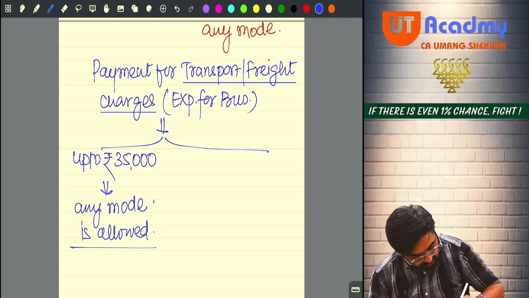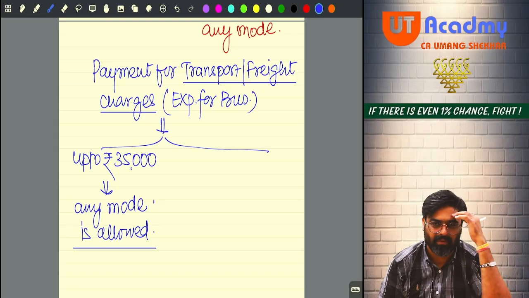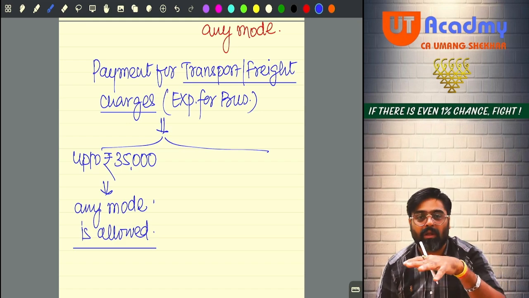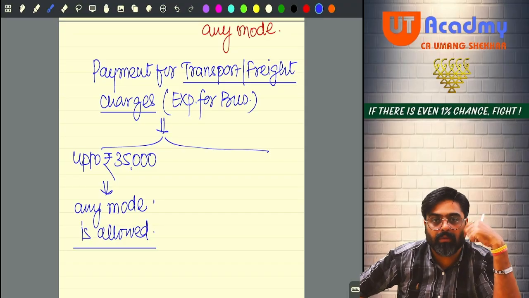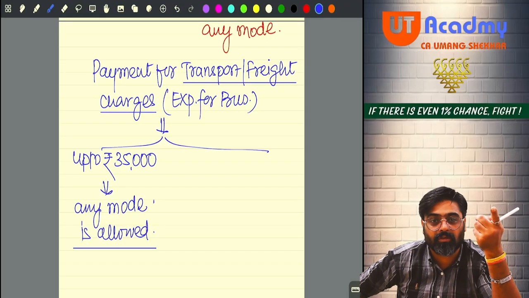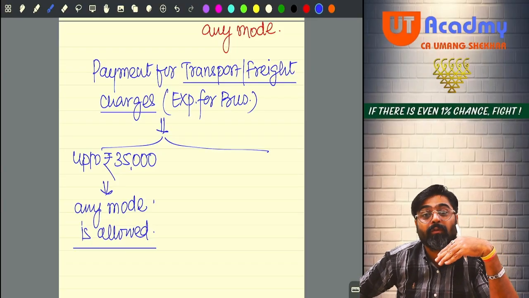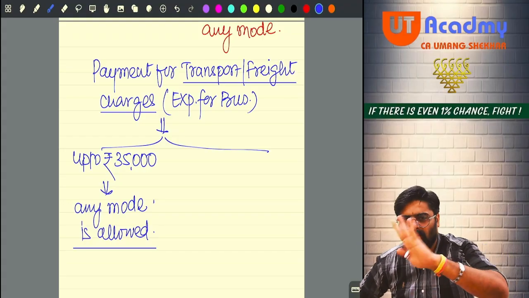So transport charges paid in a day to a transporter, 8,000 in cash, allowed. 15,000 in cash, then also allowed. Even though the amount is more than 10,000, still it will be allowed. Because for transporters, whatever payment you make, for that, you don't have to check the 10,000 limit, you have to check the 35,000 limit. Up to 35,000 by any mode it is allowed.